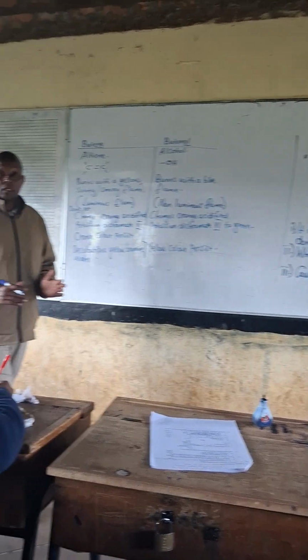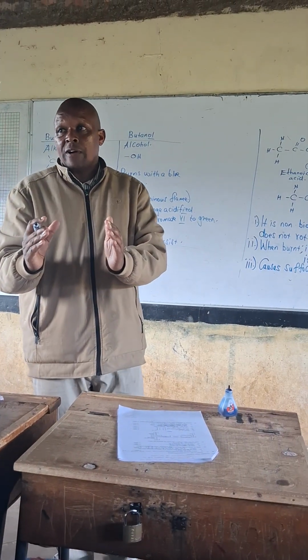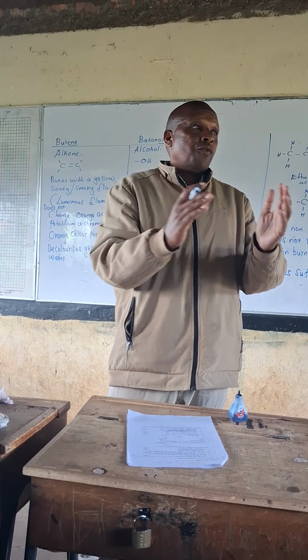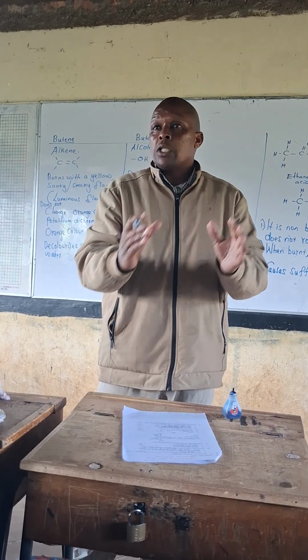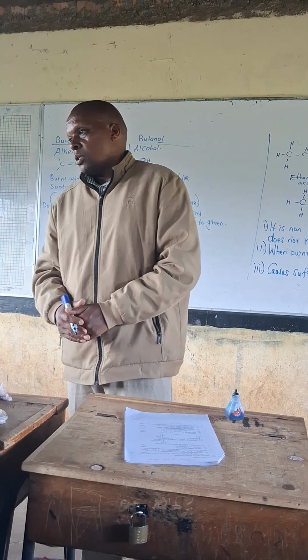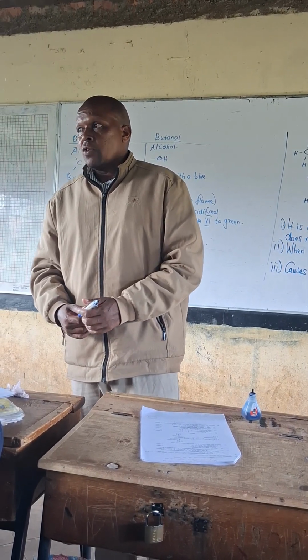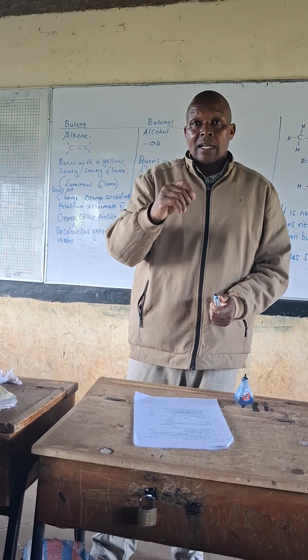You say: put 2 ml. Let us quantify. Put 2 ml of butene and butanol in 2 separate test tubes. After you have done that, add. You give again a quantity of what you're going to add.